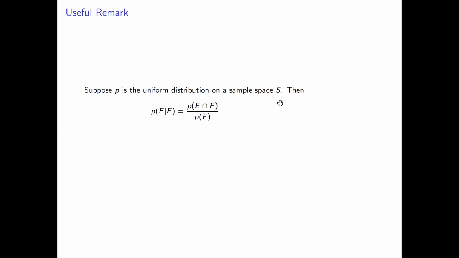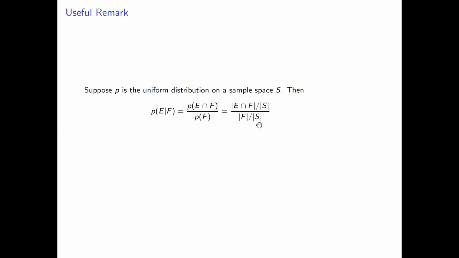Okay, and so here's a remark summarizing a little bit more directly what I was just talking about. So let's say we have a sample space and a probability distribution on the sample space, and let's suppose, moreover, that it's actually the uniform distribution, meaning every element of S is equally likely to occur. Then the probability of E given F, well, if I just use the formula, it's probability of the intersection divided by probability of F. But since I'm using the uniform distribution, that reduces to this expression.